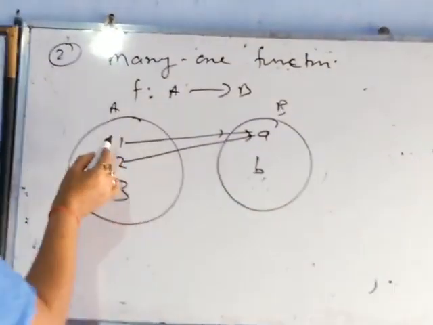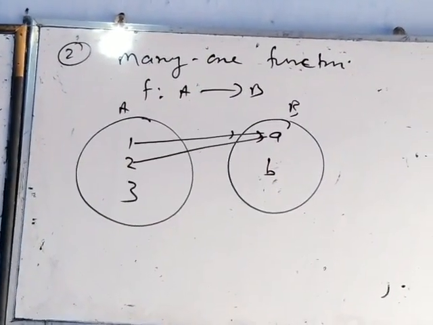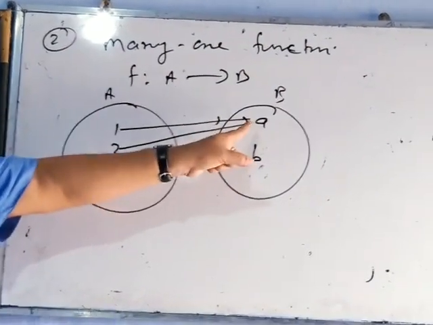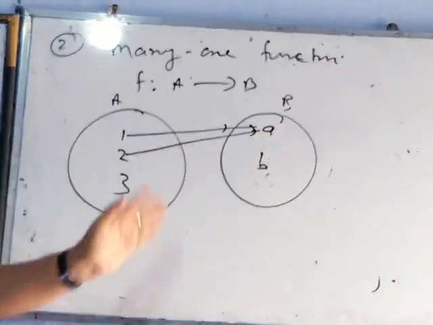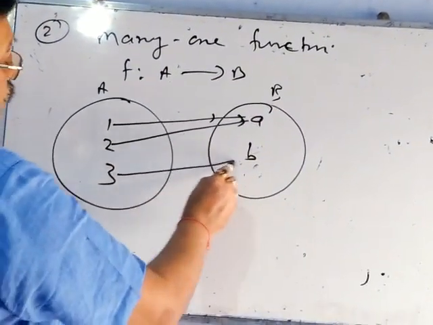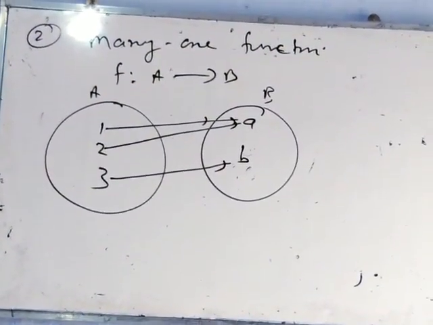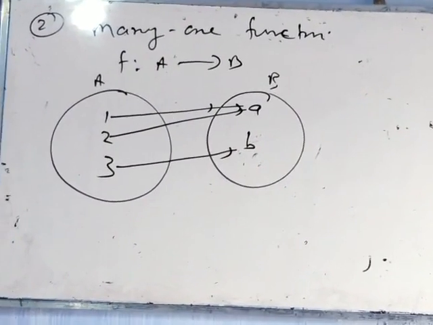If more than one element of the domain is associated with a single element of the codomain, this is a many-one function. It is an example of a many-one function. So these are the things.